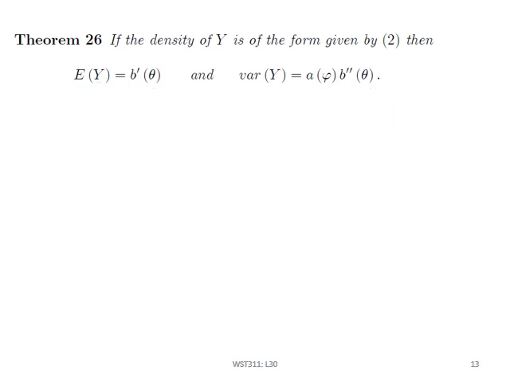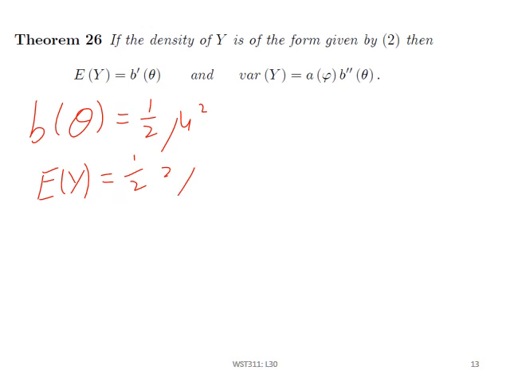For the normal distribution, you will remember that we had that b of theta equals a half mu square. So we can easily, using the results from theorem 26, calculate the expected value of a normal distribution, which is going to be equal to a half times 2 mu, which is just mu.